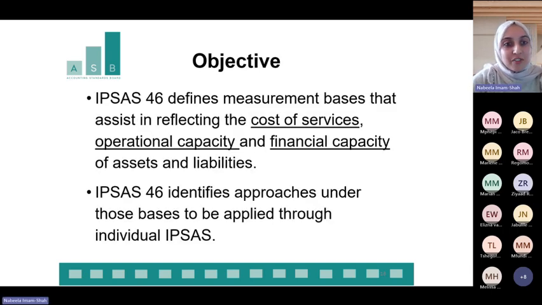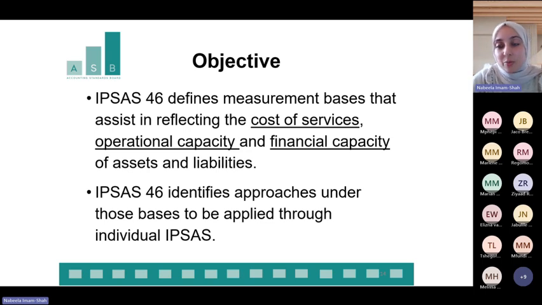So what is the objective of IPSAS 46? IPSAS 46 defines measurement bases that assist in reflecting the cost of services, operational capacity, and financial capacity of assets and liabilities.